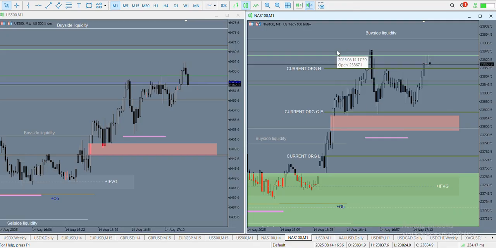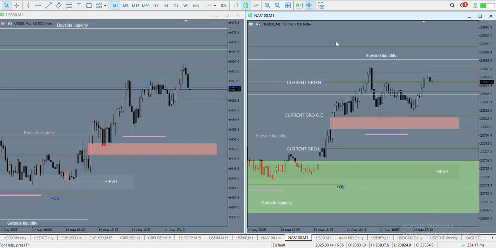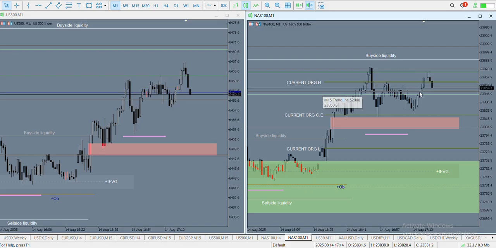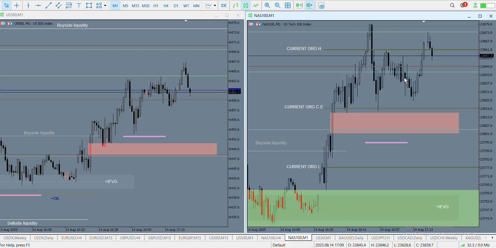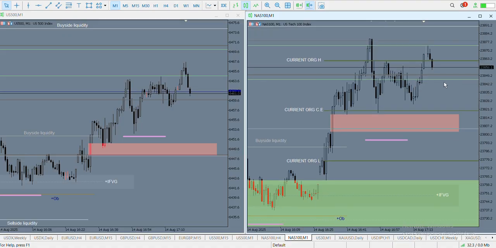So this is this thin line right here. This is the lower quadrant of yesterday's opening range gap, and then this is yesterday's opening range gap, mid gap. This level here, I think this is dim gray. This level is yesterday's opening range gap low.